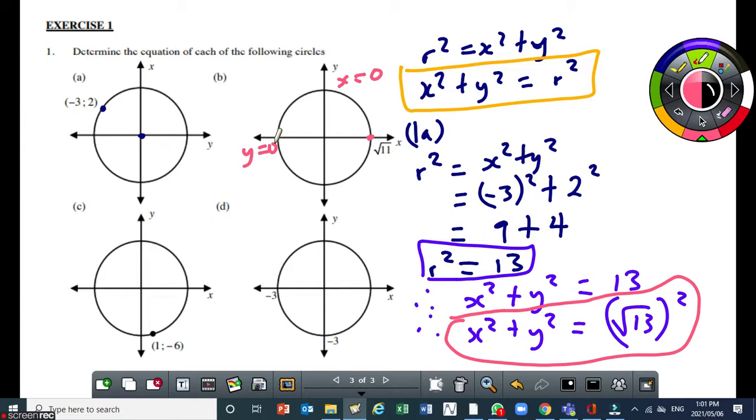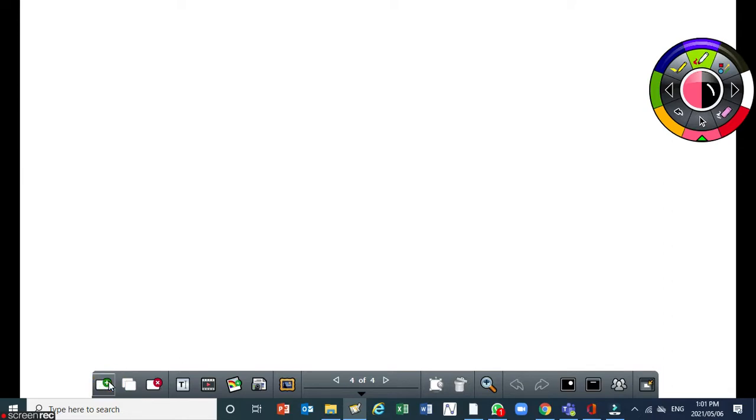Okay, so here, if I want to find my equation, let me move on to the next page. I have to determine x first. x is the square root of 11, y is 0. So if I want to calculate the radius, r squared equals x squared plus y squared. My x is the square root of 11, then I square that. My y is 0.